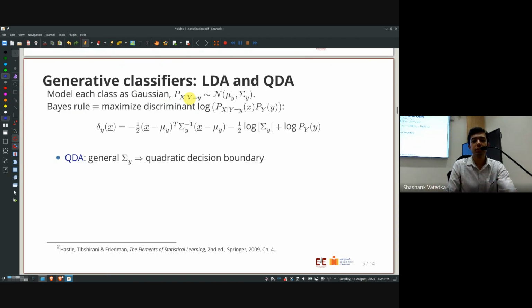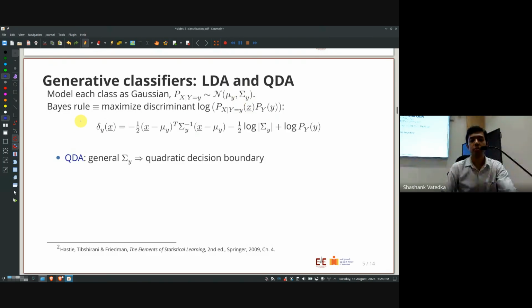So the assumption is that y corresponds to one of multiple means and covariance matrices, mu_y and sigma_y, and given a particular y, the features x are drawn from a Gaussian distribution with mean mu_y and covariance matrix sigma_y.